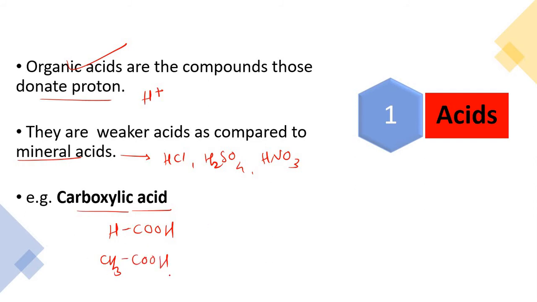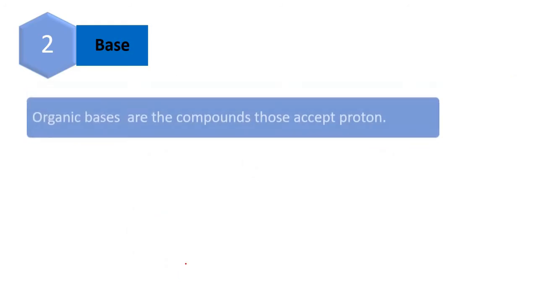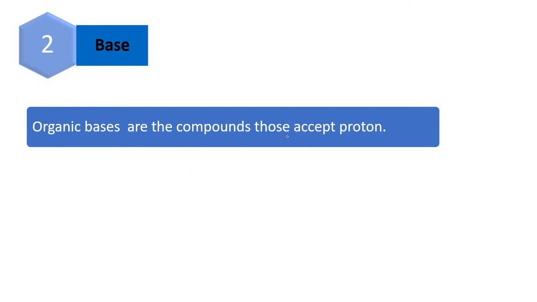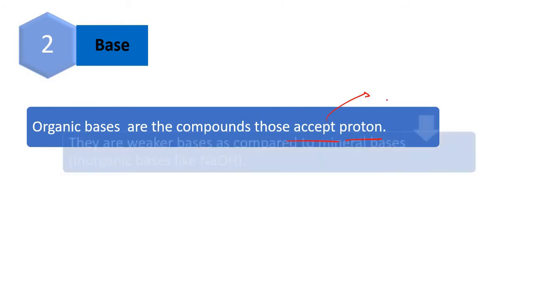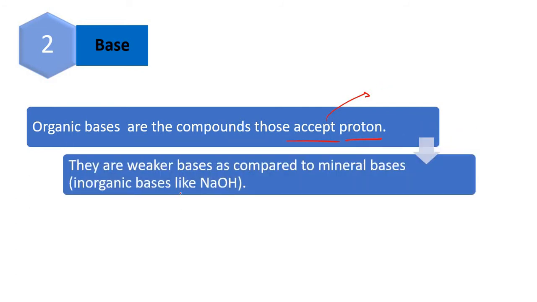The next type of functional group is bases. Organic bases are compounds which accept protons, so they are also called proton acceptors. They are weak in nature, weaker bases as compared to mineral or inorganic bases like NaOH or KOH, sodium hydroxide or potassium hydroxide.